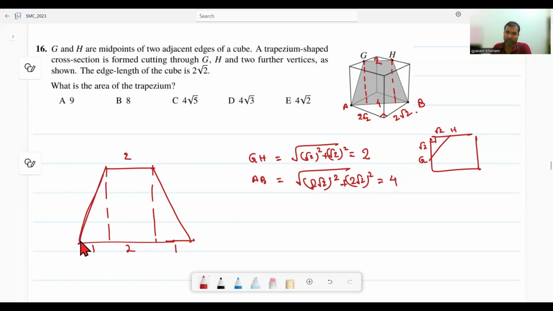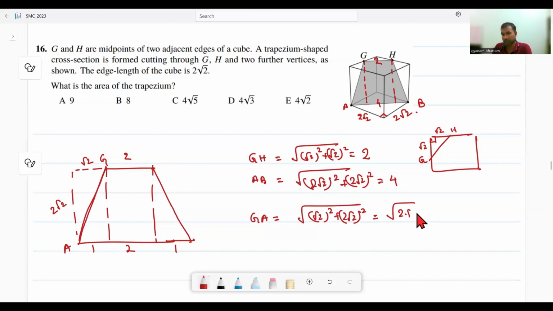Now to find this slant length, again we apply the Pythagoras theorem, which is root 2 here and 2 root 2 here. So this length, GA, is the square root of root 2 squared plus 2 root 2 squared, which is 2 plus 8, or 10. So this is the square root of 10.